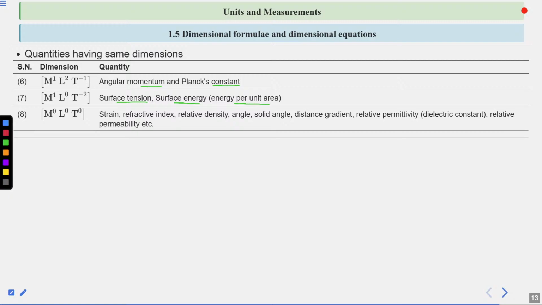Now some other physical quantities like strain, refractive index, relative density, angle, solid angle, distance gradient, relative permittivity or dielectric constant, relative permeability are dimensionless quantities. So M0 L0 T0. Clear?